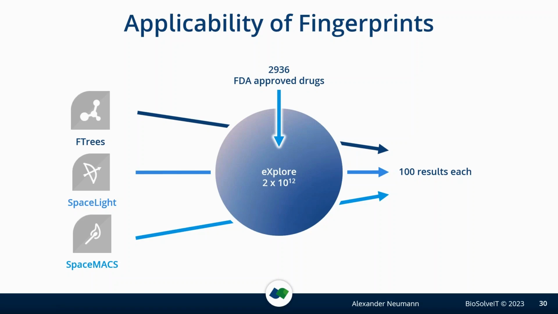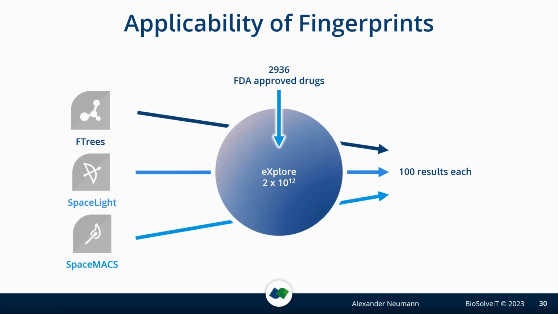We've taken the first iteration of the Explore space with only 2 trillion molecules, fed it to our algorithms with 2,936 FDA-approved drugs, and looked at what is actually inside those spaces that is an exact match for the FDA-approved drugs. And we did it with F3, SpaceLight, and SpaceMax and generated 100 results for each.